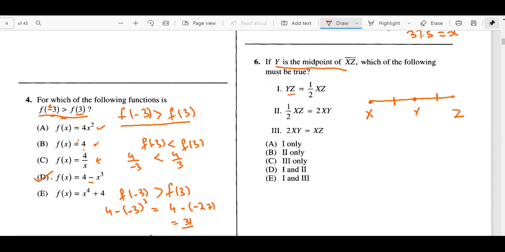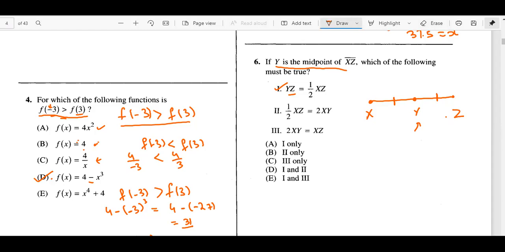Yz is 1 by 2 xz. Yes, this is correct. Since y is the midpoint, the distance of y to z is basically half the length of xz, right? So I is correct. Now the second one says 1 by 2 xz equals 2xy.